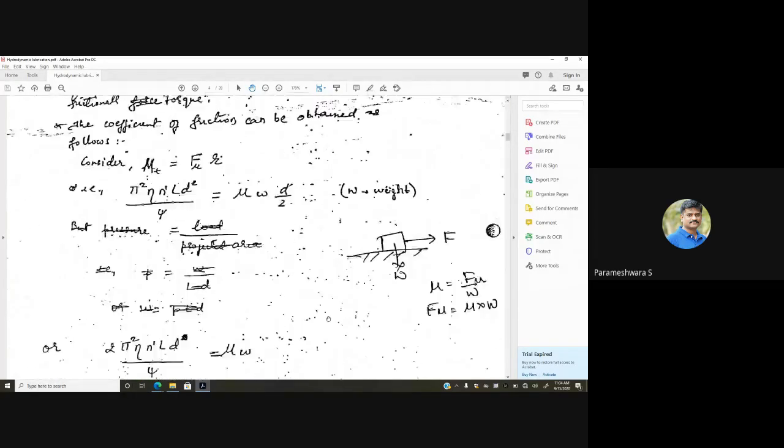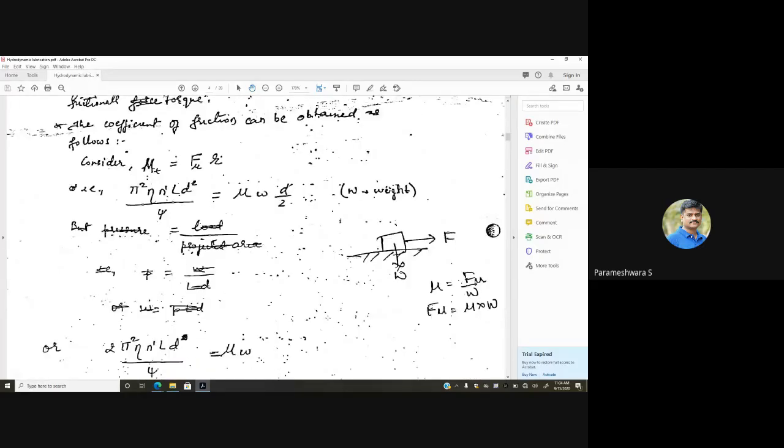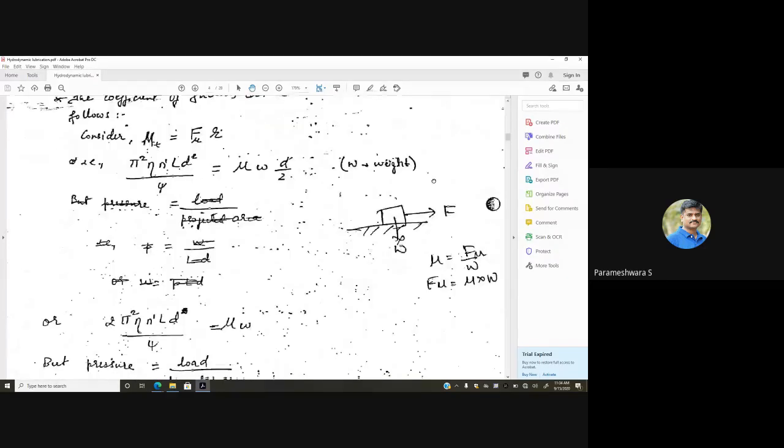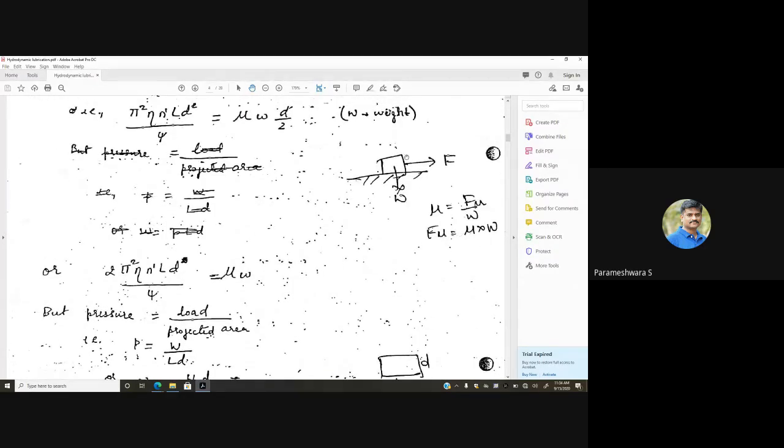Then after finding the frictional torque, you can derive a formula for coefficient of friction. Just to demonstrate what the coefficient of friction is, I'll take the help of this picture. Here it is a body which is sliding over a surface, and force F is applied to that body.